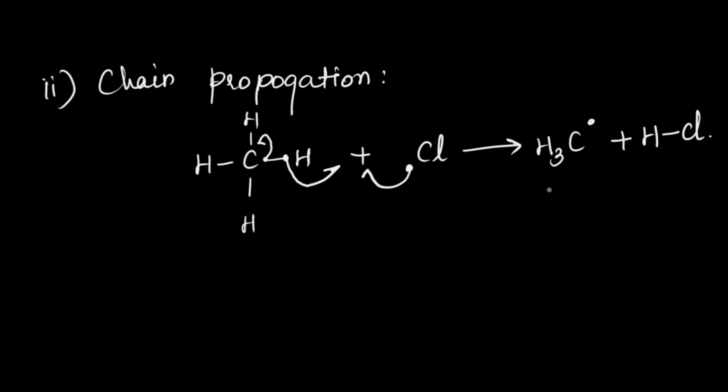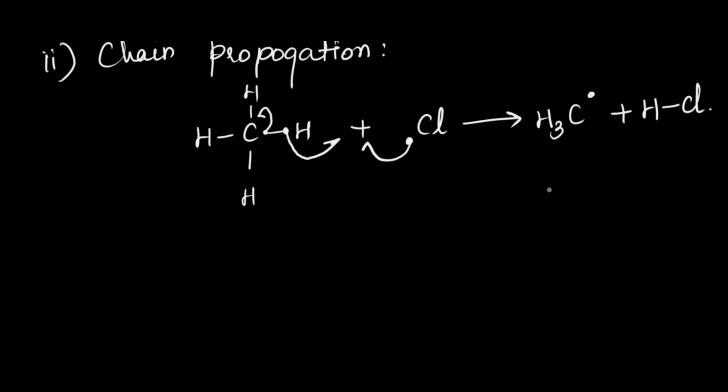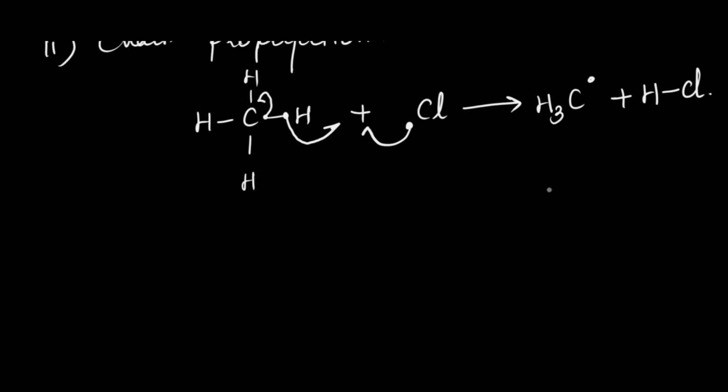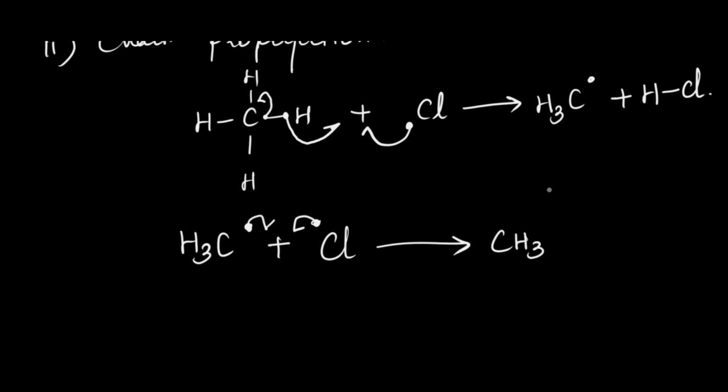Is it the only way in the chain propagation? Why can't this CH3 radical react with another Cl? Yes, that can happen. So the CH3 radical with another Cl radical come together to form our end product.